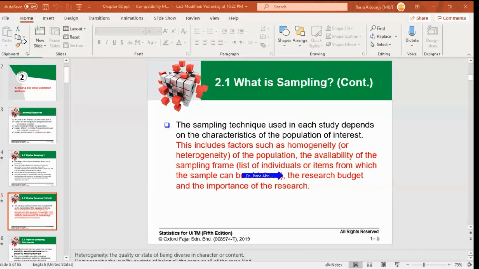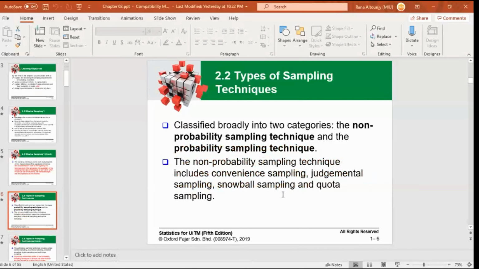Those 3 points we need to take into consideration when we are deciding the sampling method. In general, we have two classifications for sampling methods, and under each classification we have different methods. You remember when we were dividing the data into quantitative and qualitative, and under the quantitative we have discrete and continuous.